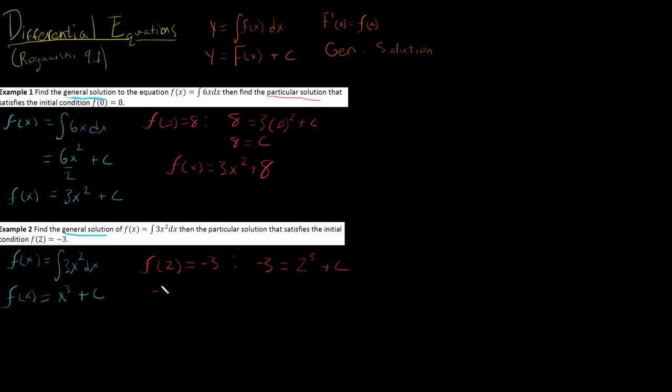We have -3 is equal to 8 plus c, subtract your 8, so you get -11 is equal to c. Hopefully this doesn't feel like anything new just yet. We're going to change things up a little bit notation-wise, but essentially it's going to remain the same. So x cubed minus 11. There's our particular solution.